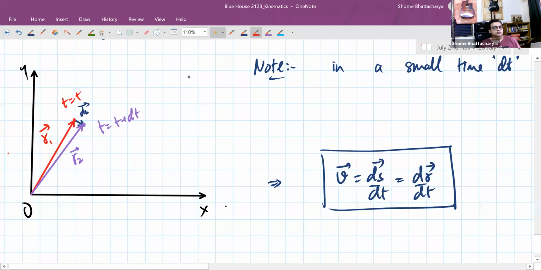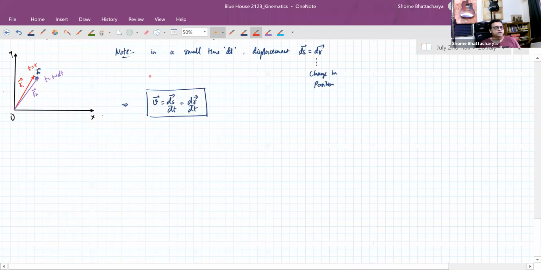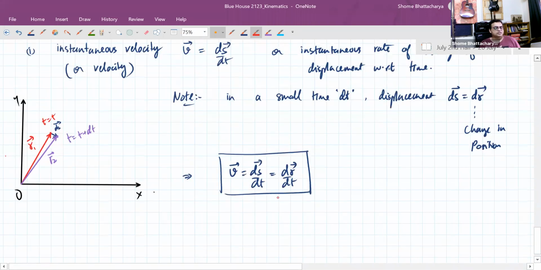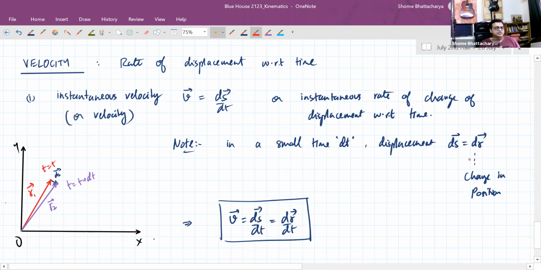So you can see in terms of the diagram what we mean by the statement that I've made here. During a small time interval dt, this displacement ds is the same thing as the change in position dr. So v, which is written as ds by dt, can also be written as dr by dt, or velocity is equal to instantaneous rate of change of position with respect to time.